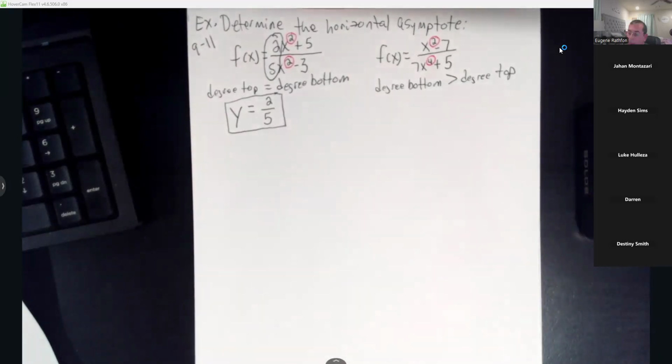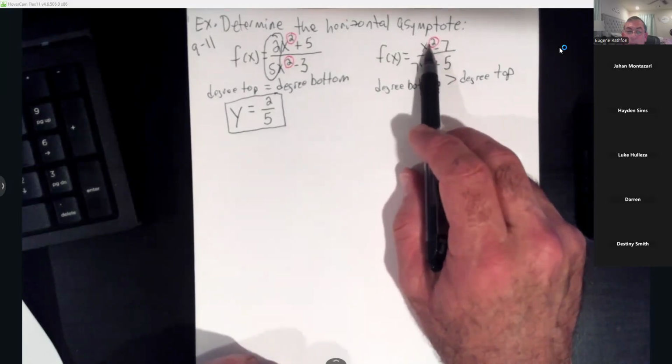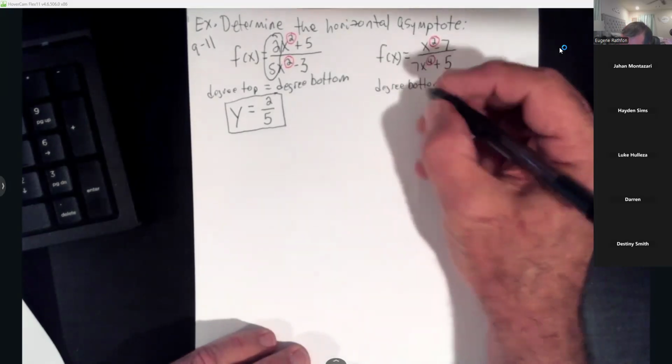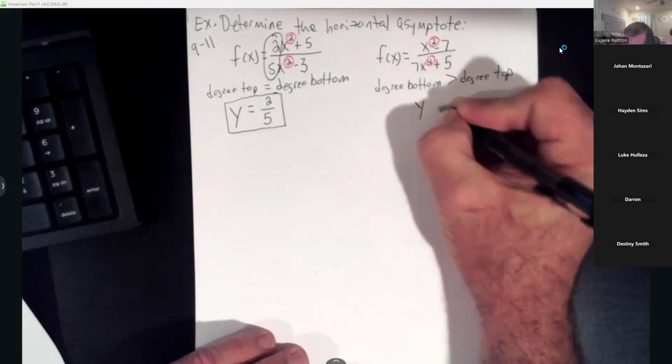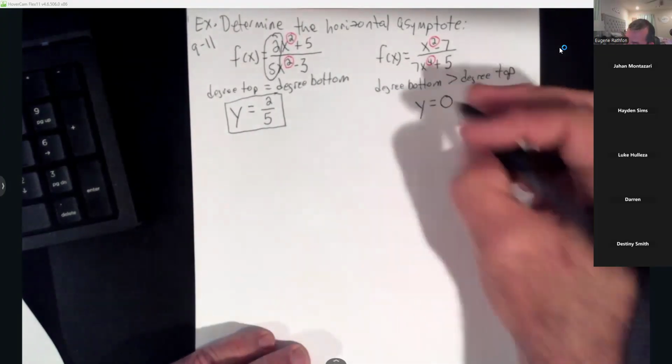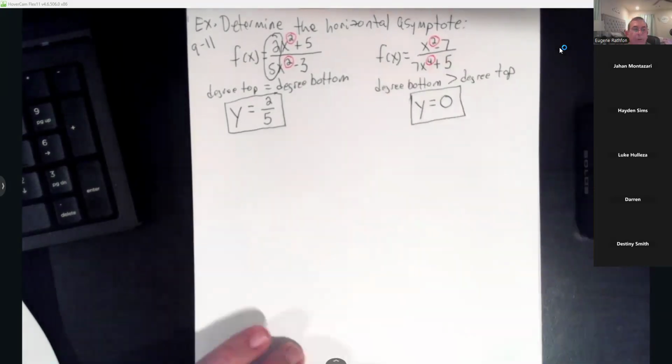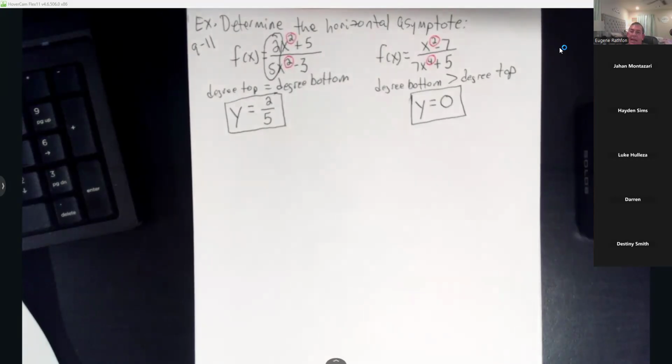So y'all, guess what? When you got a bigger exponent in the bottom than you did on the top, your horizontal asymptote is going to be y equals 0. So these aren't bad. Like I said, you're just looking at exponents on these, okay?